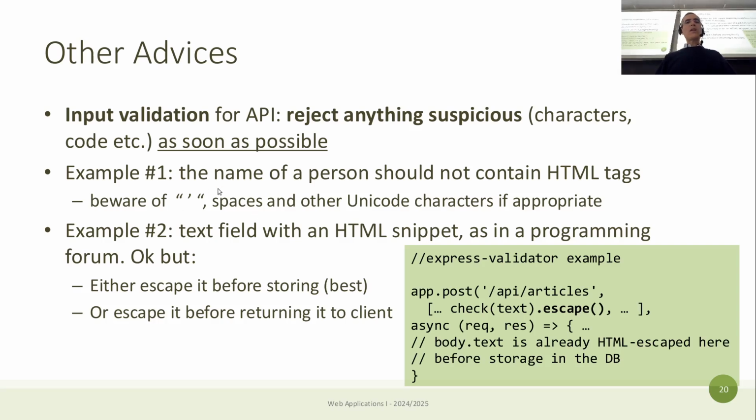We saw some examples, right? The name of a person should not contain HTML tags. So, my name is not less than, script, greater than, Enrico, and so on. Also beware of quotation marks, spaces, and other Unicode characters. Just make sure there are no strange Unicode characters.